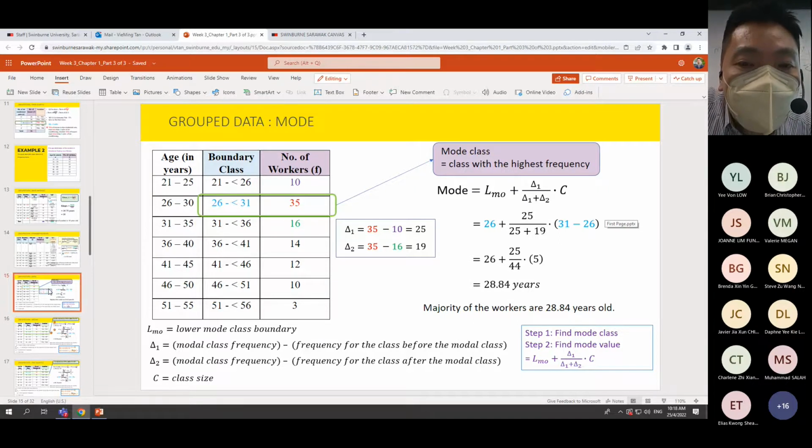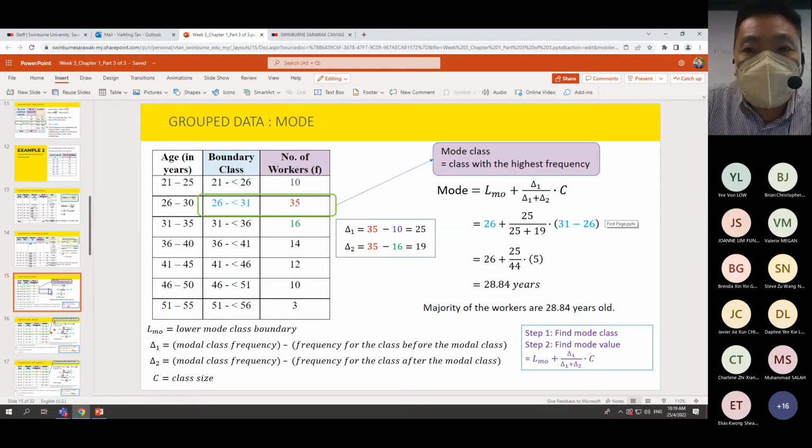Then the frequency after the mod class is 16. So we use 35 minus 16, you'll get 19. Substitute 19 to here. Am I answering your question? Triangle two is 35 minus 16, the red one minus the green one. I go slowly because it's a new formula for all of you.